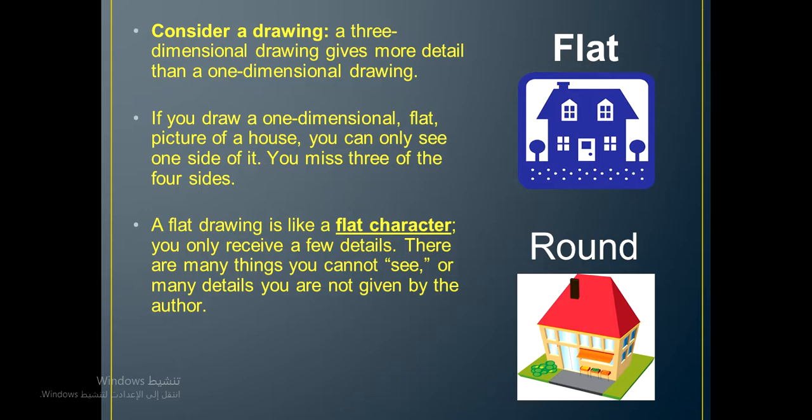Now let me ask you the question: what are the flat and round characters in Frankenstein novel? Let's start with the flat characters. The flat characters can be Alphonse, Victor's father, Beaufort, Caroline's father, William and Ernest, Victor's brothers. Those can be classified as flat characters, since they are not given too much description, too much attention.